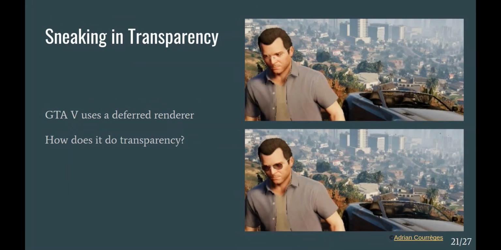It then takes the transparent surfaces and renders those using a separate forward renderer. It takes the results of those and blends those rasterized transparent surfaces on top of the frame buffer that we generated before with the deferred renderer.